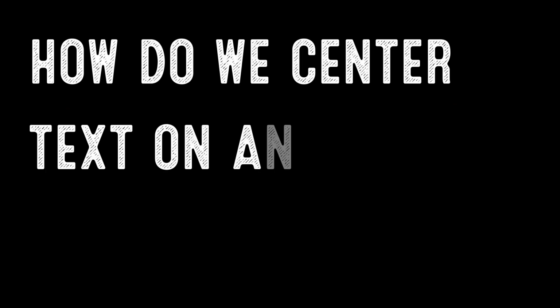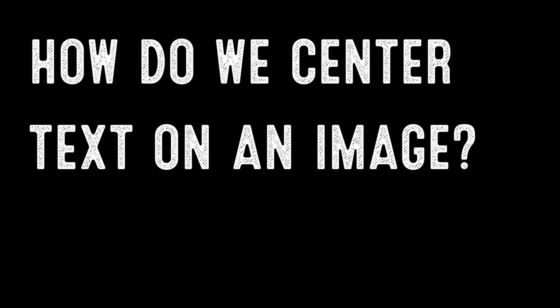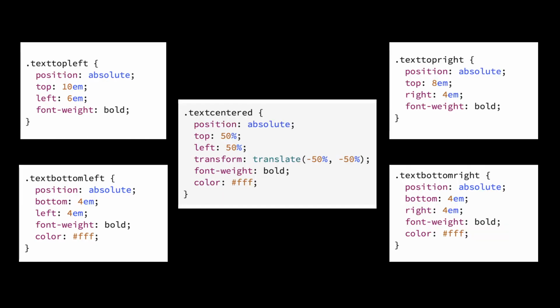How do we center text on an image? To center text over an image, we offset the text 50% from the top and from the left. The reason we add another CSS rule, transform: translate(-50%, -50%); is because when we move the text element, we are not moving the element from its center, but its upper left corner.